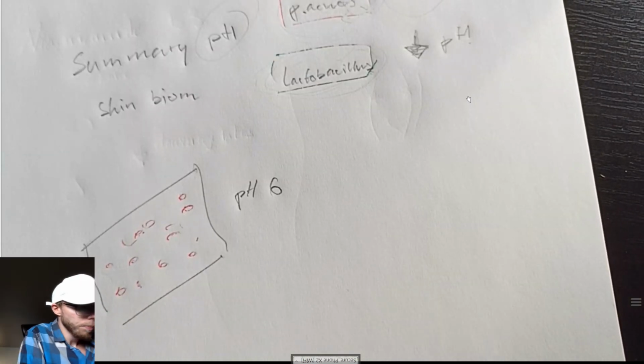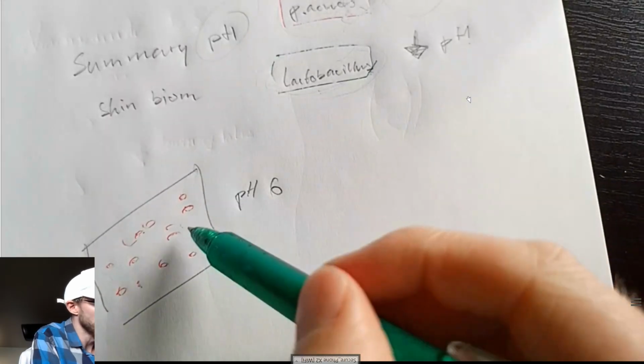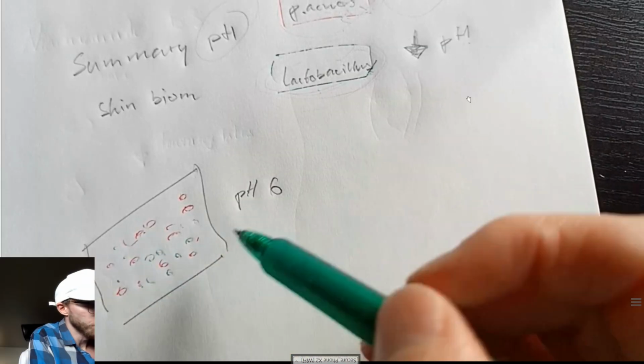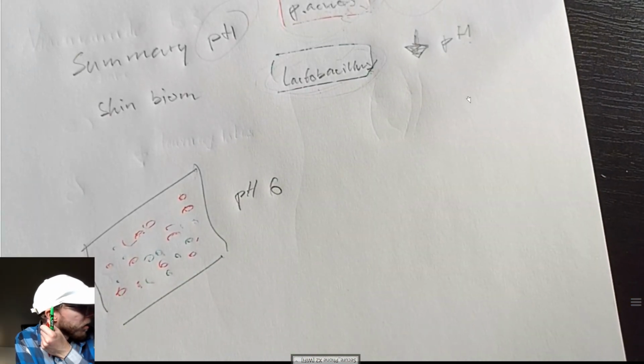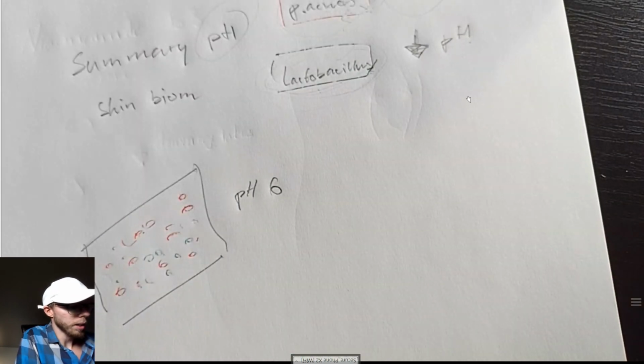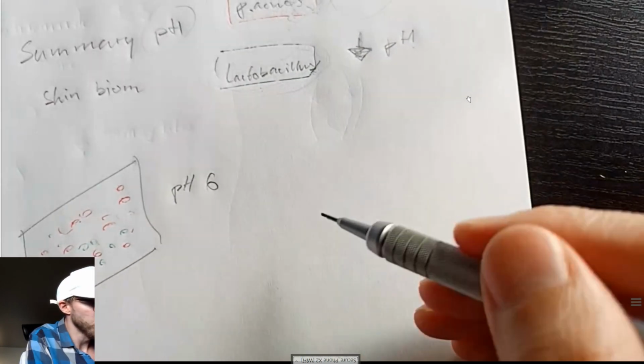So there will still be some lactobacillus present, right? I want to increase the number of lactobacillus, and I want to decrease the number of P. acnes. So it's pretty straightforward, right?